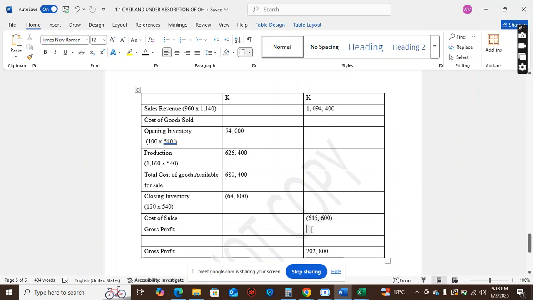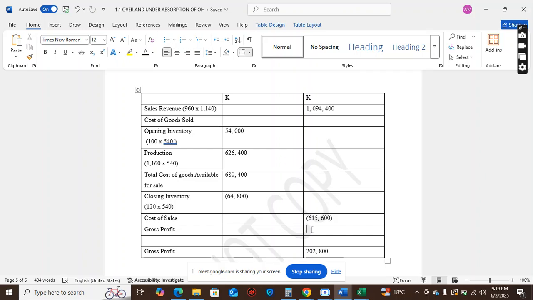What do we get? Because here I want to do the adjustment with gross profit for underabsorbed overheads. Since we've underabsorbed, we've undercharged, so our cost of sales is understated.